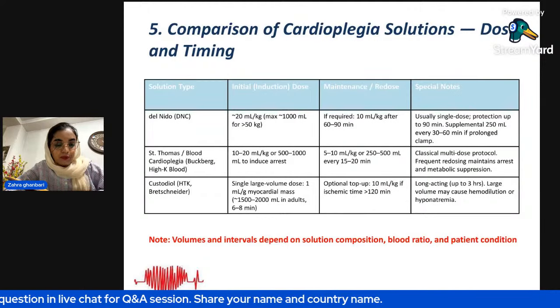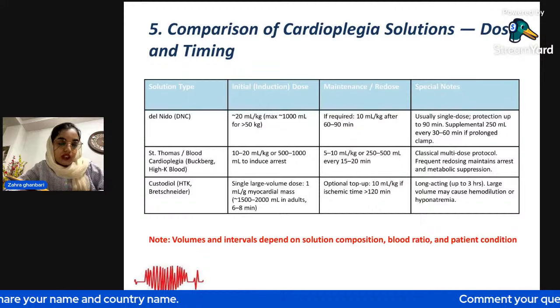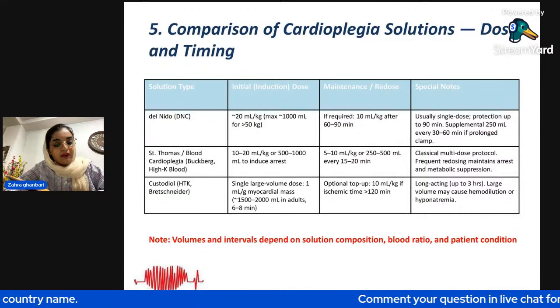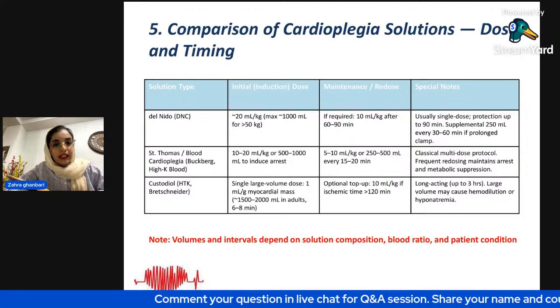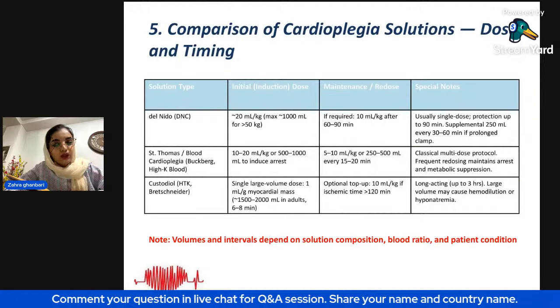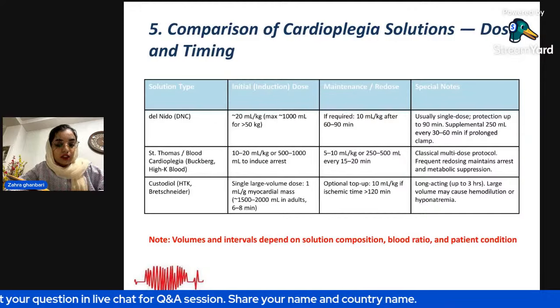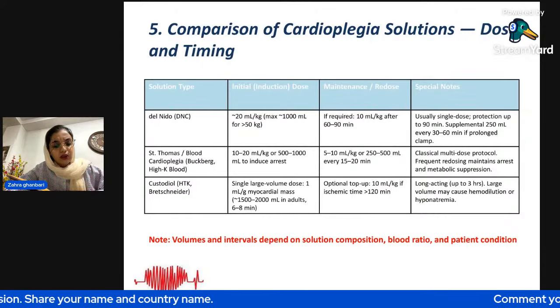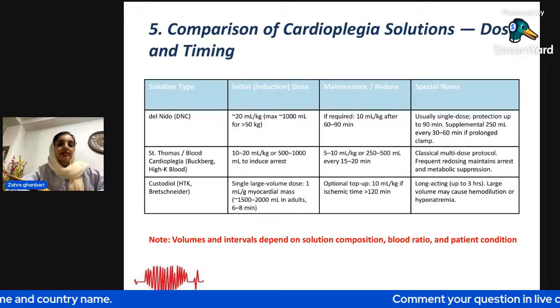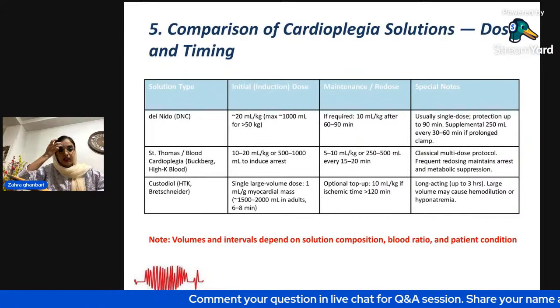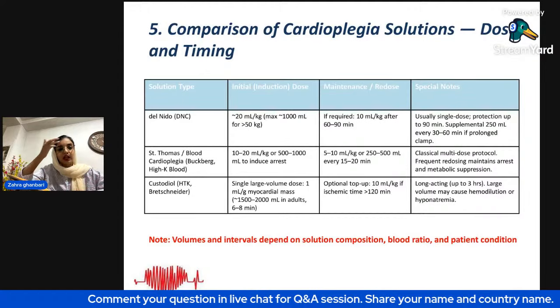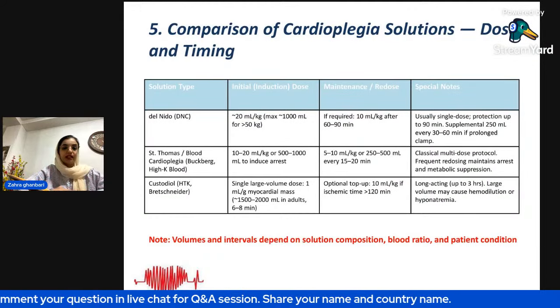And we repeat the dose of St. Thomas after 20 to 30 minutes. And for blood, the initial dose for adults is 10 to 20 milliliters per kilogram, for child 25 to 30 milliliters per kilogram, and for infant 30 to 40 milliliters per kilogram. And we repeat the injection after 20 minutes.